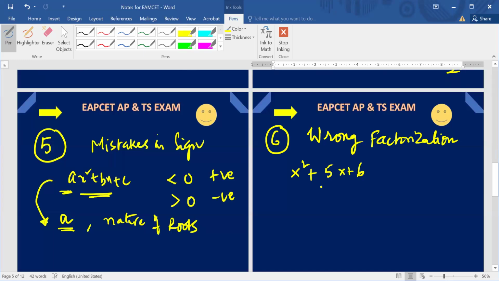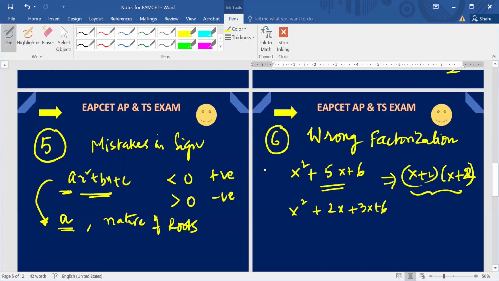We should split this 5x into 2x plus 3x, so that x square plus 2x plus 3x plus 6. This is the way we should write. But often we just write without knowledge x plus 2 into x plus 2. It ends up in mistakes.